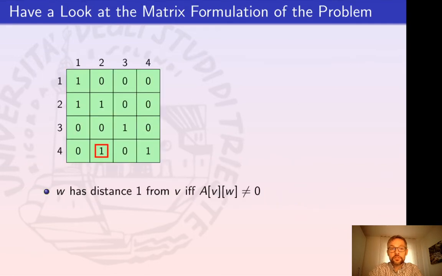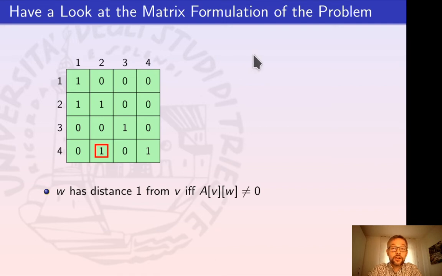So let's see what's going on here, and let's have a look at the matrix formulation of the problem. If instead of thinking of the graph as a set of edges and nodes, we move to the matrix representation of the graph, we end up handling matrices containing 0s and 1s.